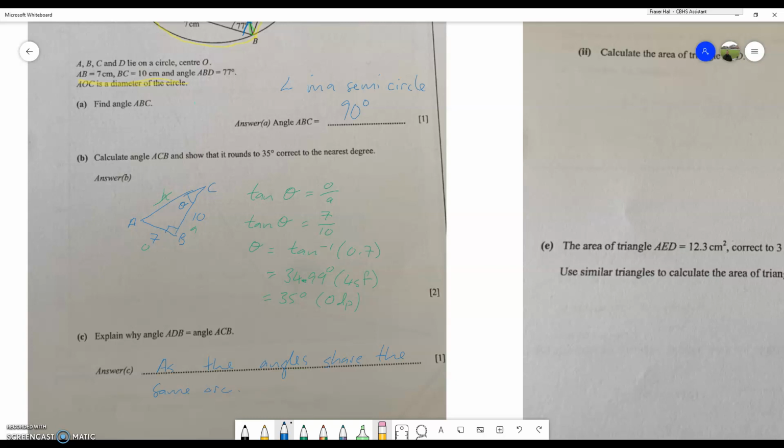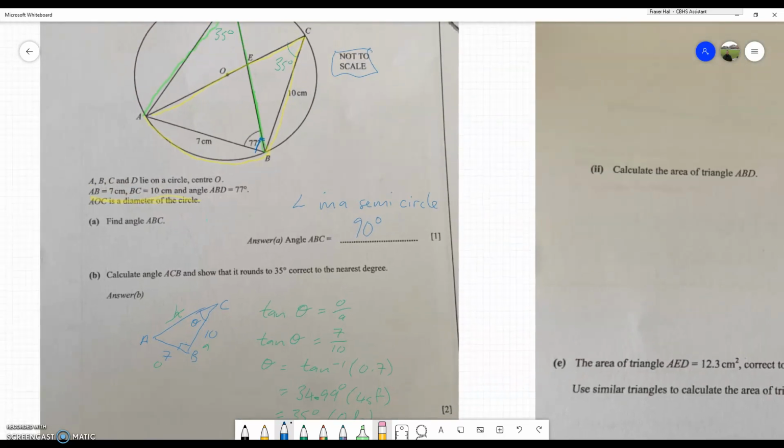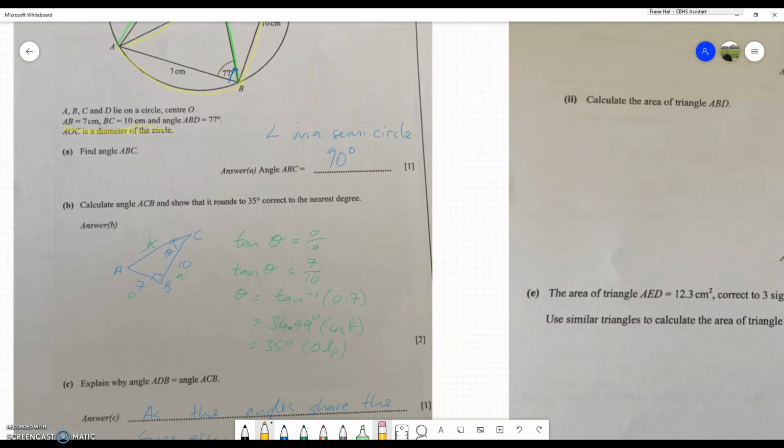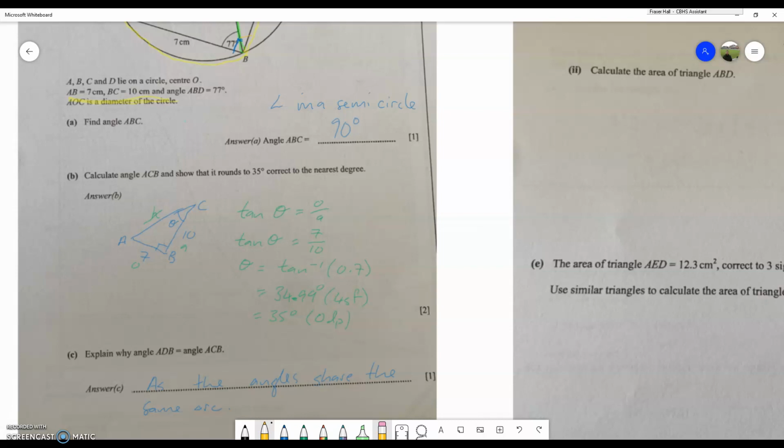Now, I don't have the marking schedule of this, so I don't know. It might be possible that the question's actually requiring us to prove that these are similar triangles. I don't think so, because it asks about that later on, and the way to do that would be to confirm that all those angles are the same, so they must be similar triangles. But because it's a 1 mark question, I think that's a good enough answer.